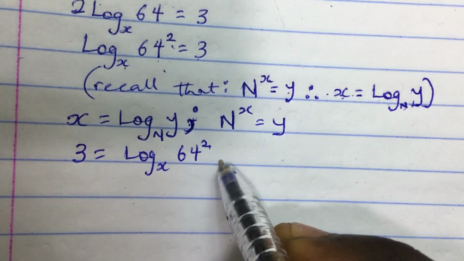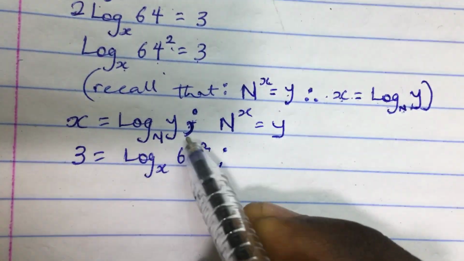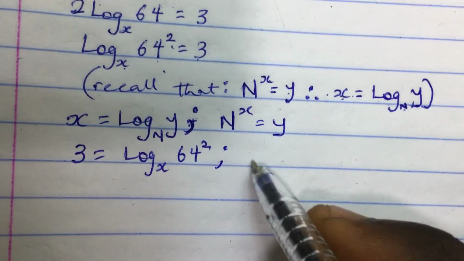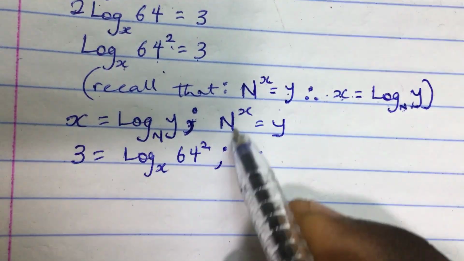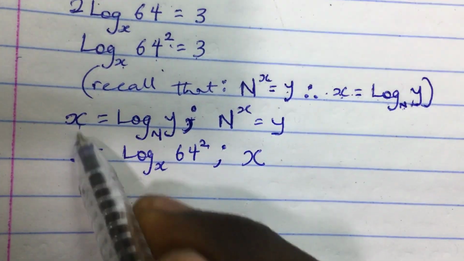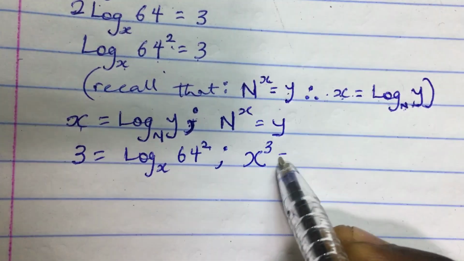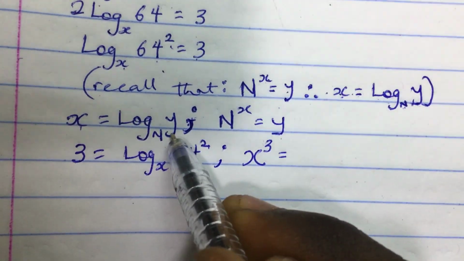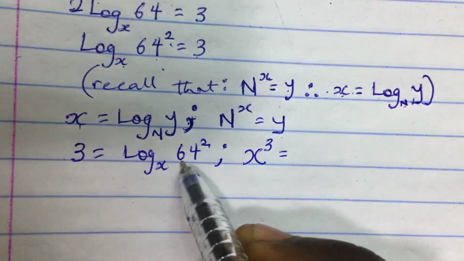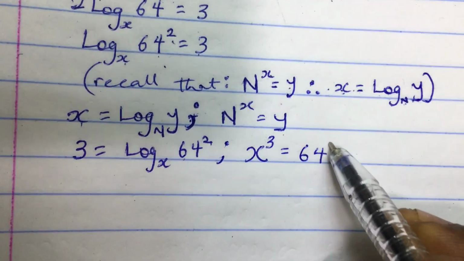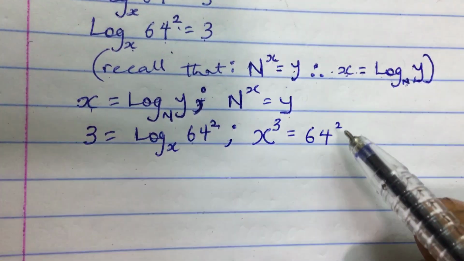So I can compare and say that my n here is the base, which is x, my x here is 3, and my y here is 64 squared. We can see how it goes.